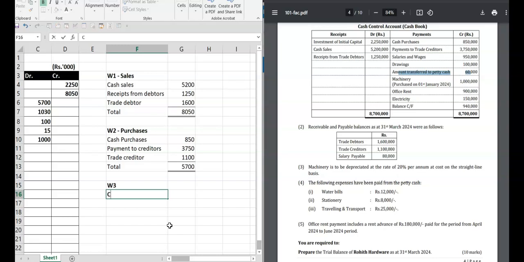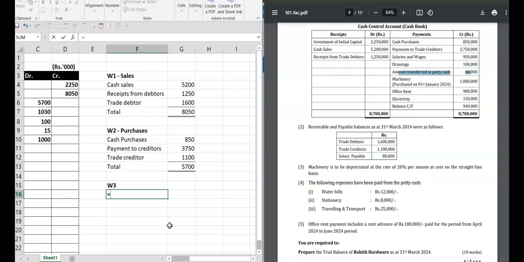Finding out depreciation. If you want to find out the depreciation, it is cost minus scrap value divided by useful years, but nothing is given here. So you have the cost and the depreciation rate.